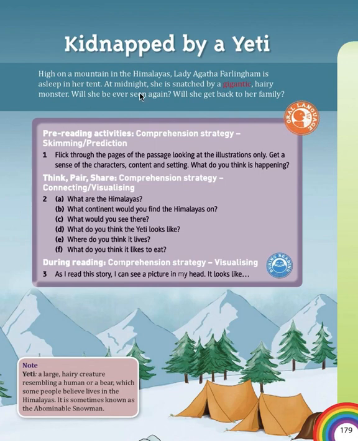But before you read, your pre-reading activity is to skim through, so that means reading really briefly, catching a couple of words here and there or titles here and there. You're going to flick through the pages of the passage, looking at the illustrations only, and get a sense of the characters, so who they are, the content, what's happening to them, and the setting, where it's set, and what you think is happening.